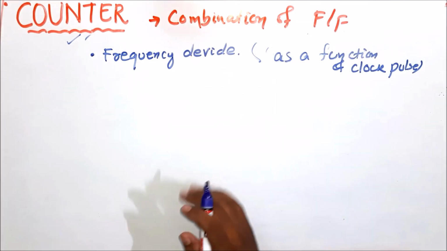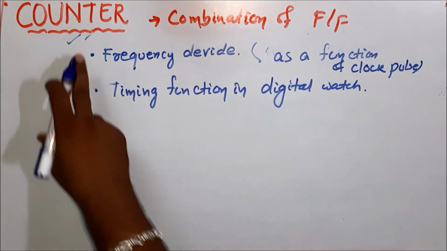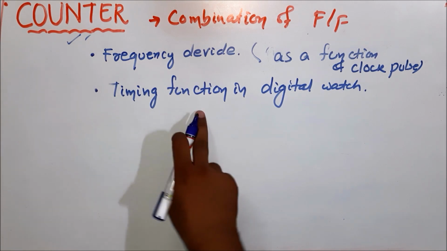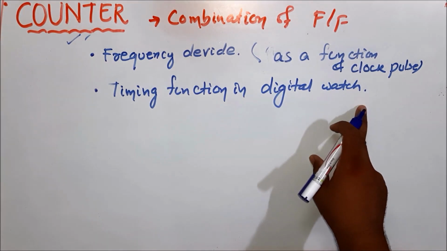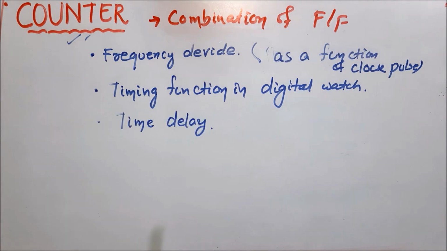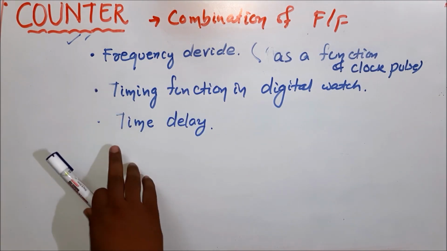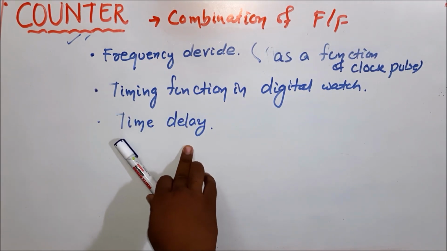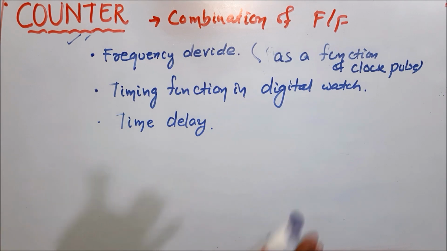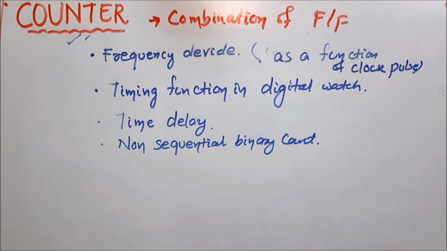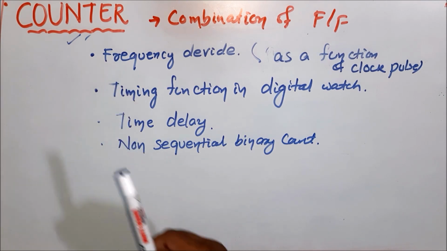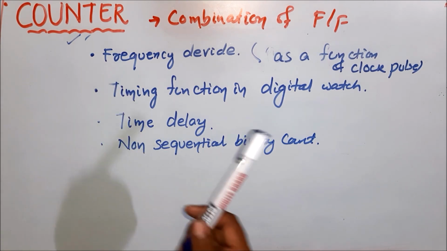We'll study this later. The counter can also generate timing functions in digital watches. A timer can also be used to create a time delay, that means to hold some data for some time. It's called a wait state.